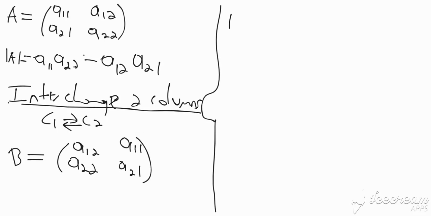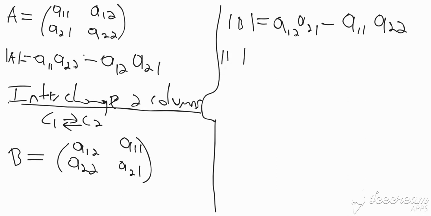So once again, we use the shortcut. The determinant of B: we take the product of the leading diagonal, which is going to be A12 times A21 minus A11 times A22. Now to compare this to the determinant of A, I would probably need to factor out the minus sign here.